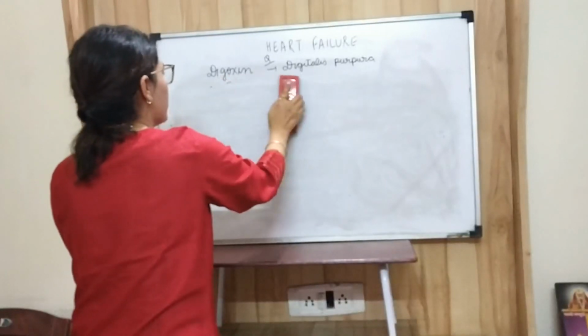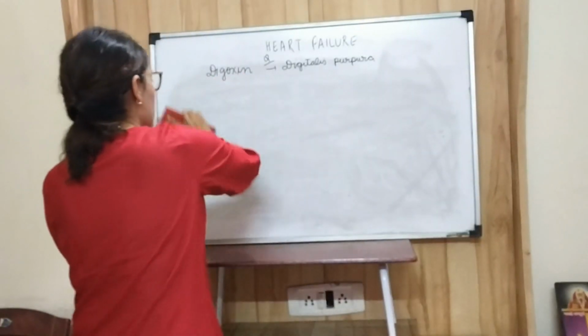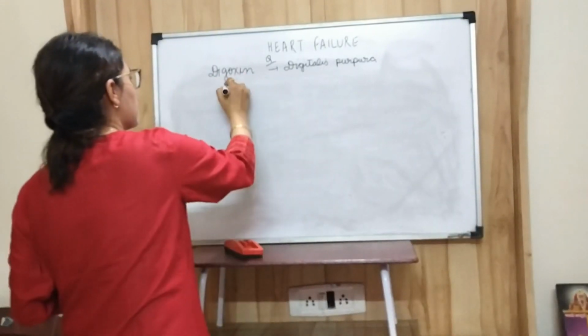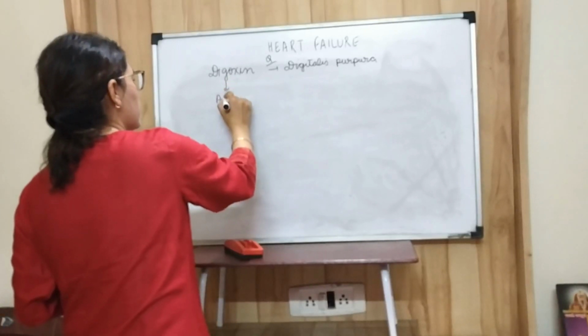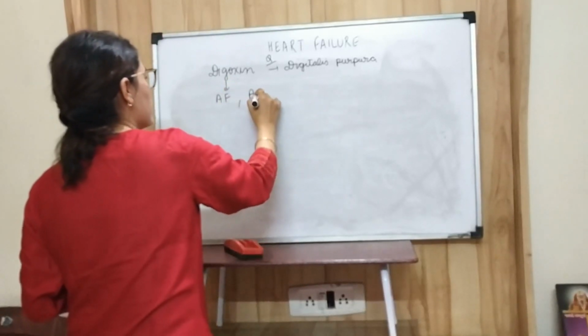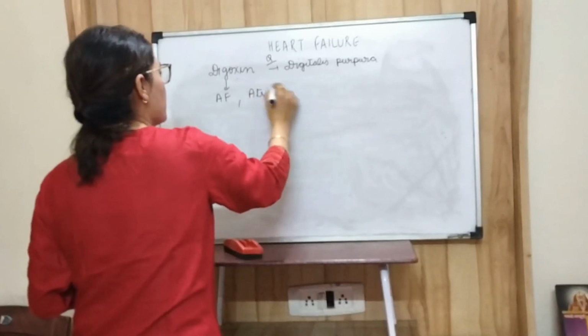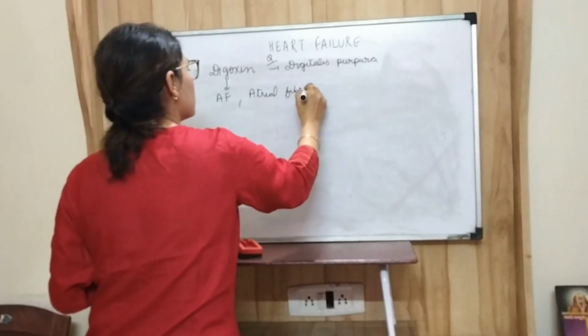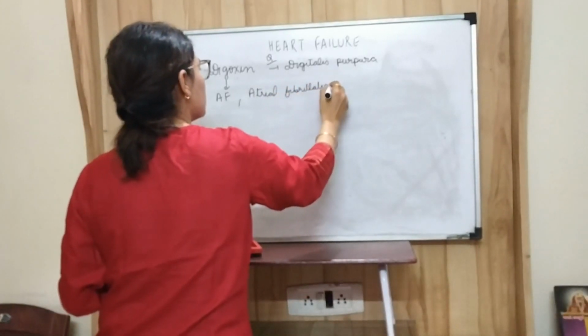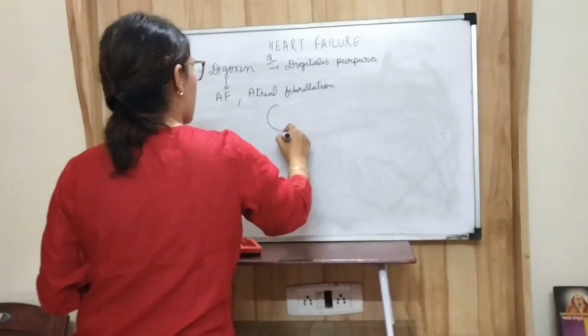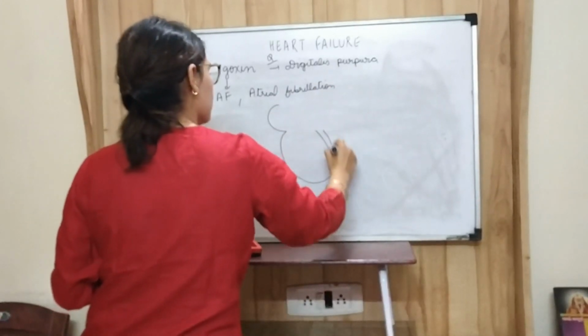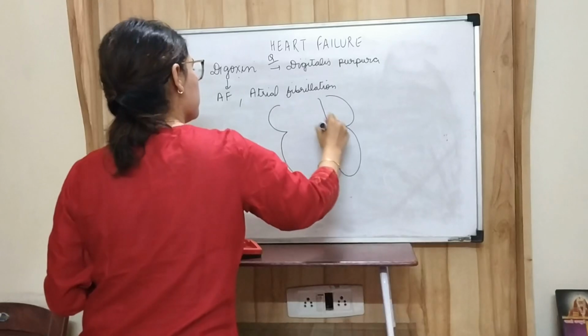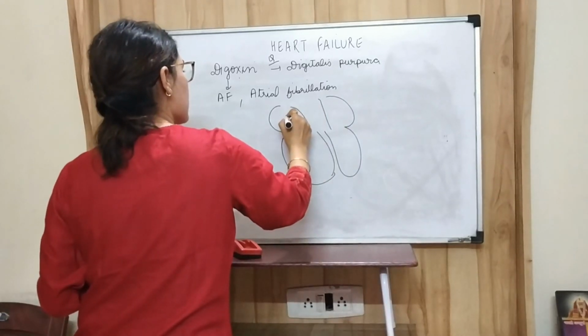Apart from heart failure, digoxin is used in atrial flutter and atrial fibrillation. Suppose this is the heart. Here is the SA node.